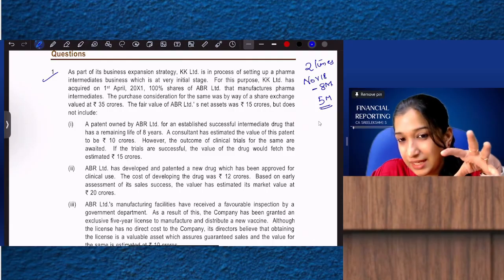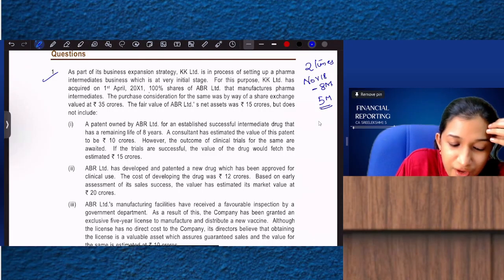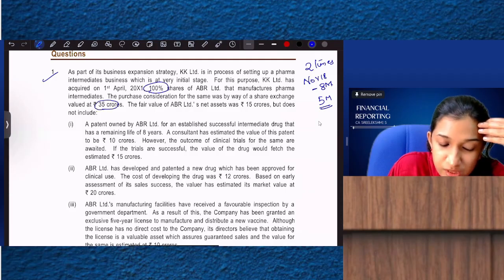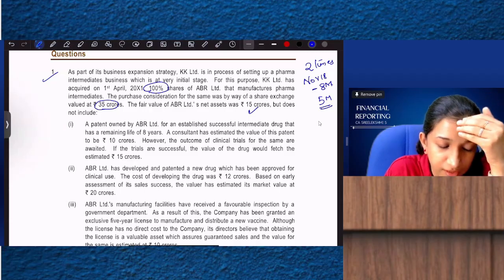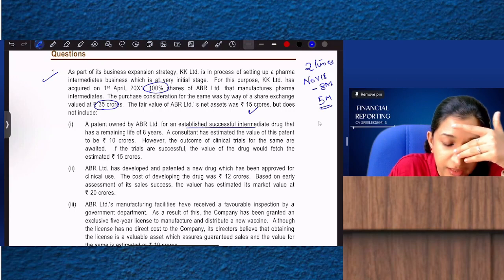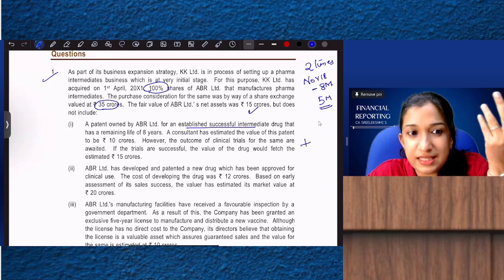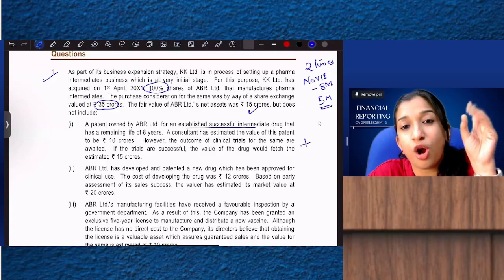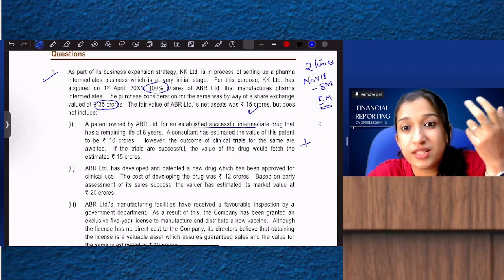Here they are telling we acquired 100% shares of a company, purchase consideration is 35 crores, net assets acquired is 15. The net assets do not include an established, successful intermediate drug, but clinical trials are awaited. There is an asset, but I don't know whether it will be successful or not.